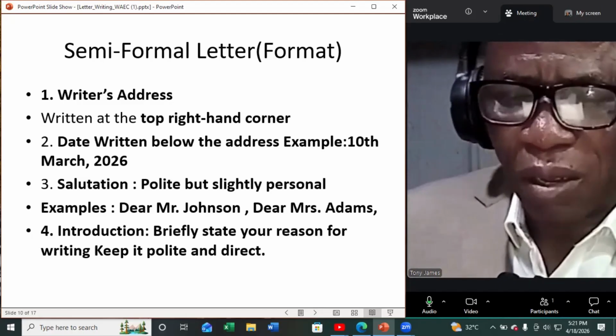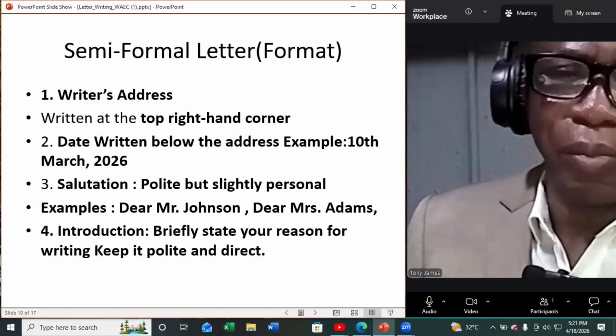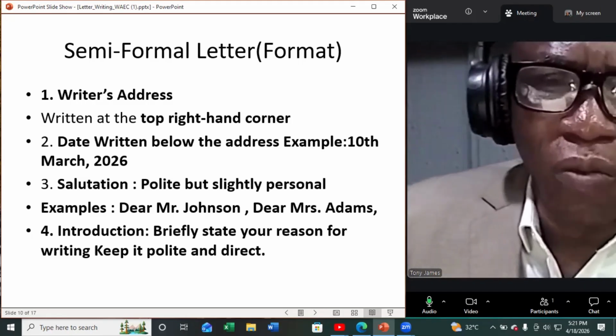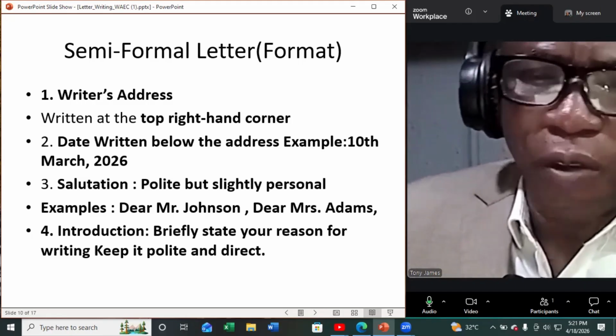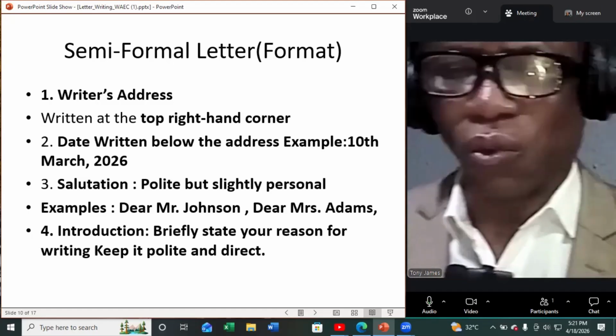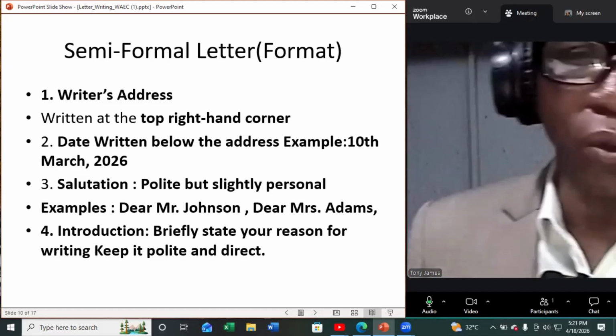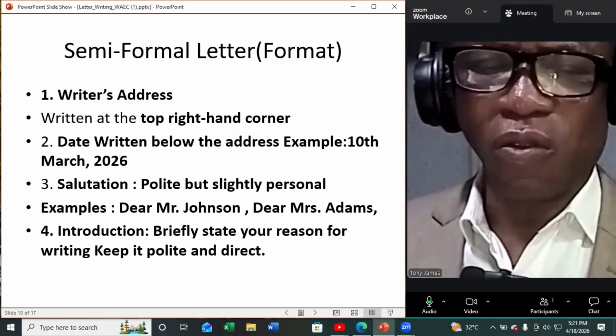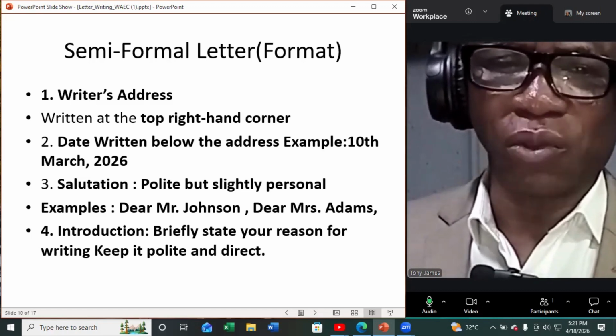You have to write politely to him and be direct. There's no room for pleasantries in a semi-formal letter introduction, because you might not have had any business with him before. So there is no familiarity.